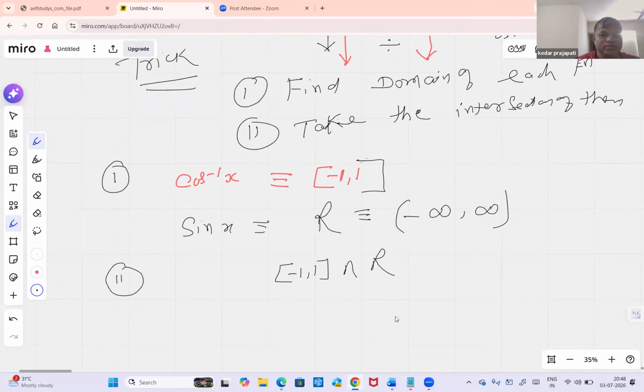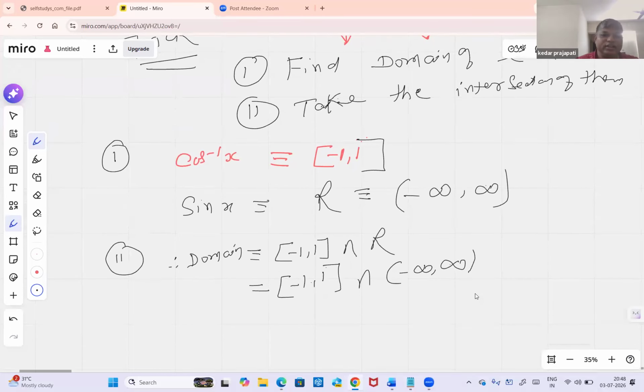Therefore, the domain is this. We can still write it like this: -1 to 1 intersection -infinity to infinity. Right? So what it is telling, right?